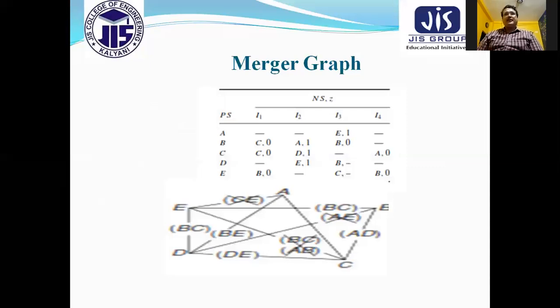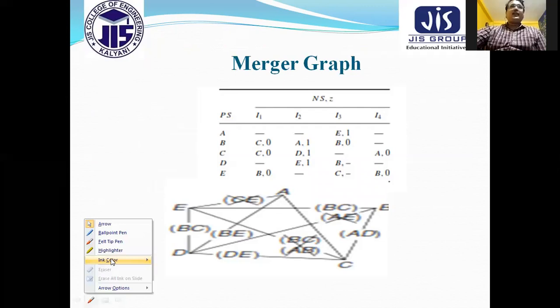We have designed the merger graph based on the table, and we use the concept of the merger graph when the machine is incompletely specified, meaning next state and output are not given, and we need to minimize it. If you see the previous lecture, then you are aware of that merger graph.